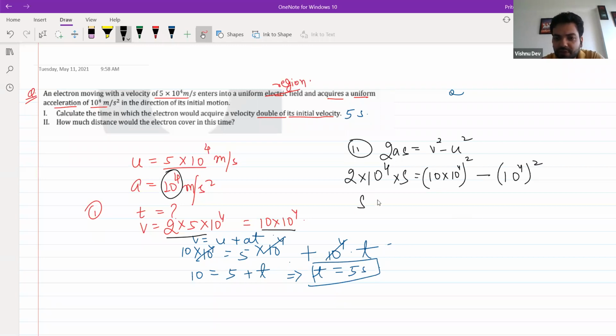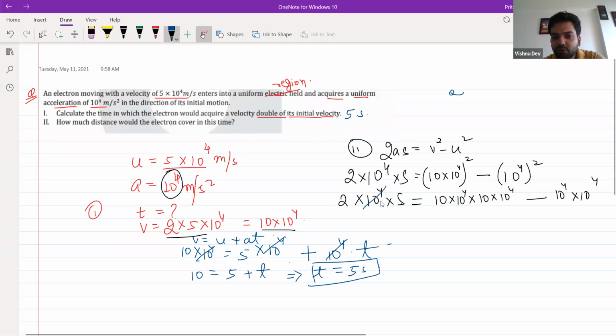So here s will be, before going to the next step, if you see each of these terms, 10 to power 4 is common in all the terms. So I'll just cancel one 10 to power 4. So this square means I'll just multiply that 2 times. Here also 2 times. So now you can see I am cancelling one 10 to power 4 from all the sides.